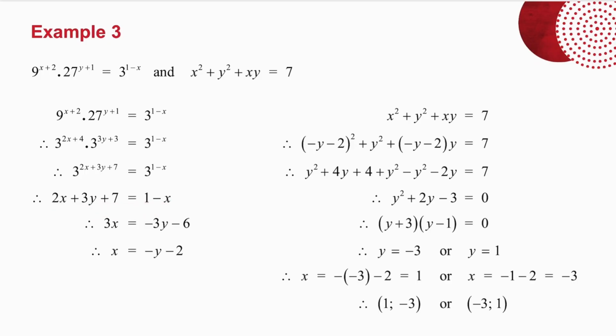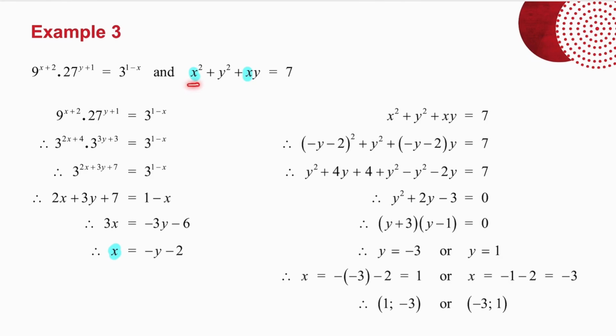Because I'm solving a simultaneous equation, I either want to make x the subject of the formula or y the subject of the formula. In this case, I've made x the subject of the formula, and I've divided throughout by 3. Now, you know that this x and these x's are the same, because I'm solving simultaneously.